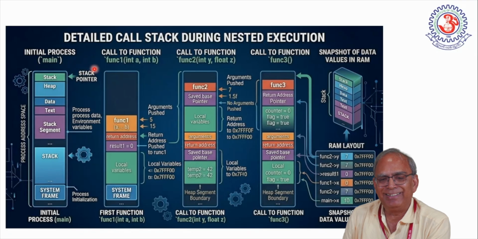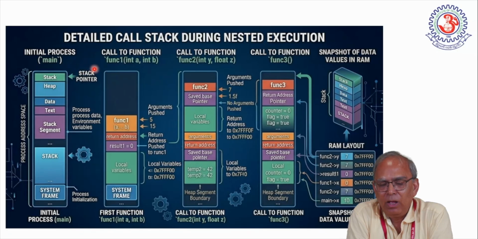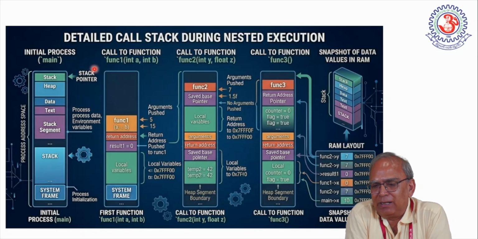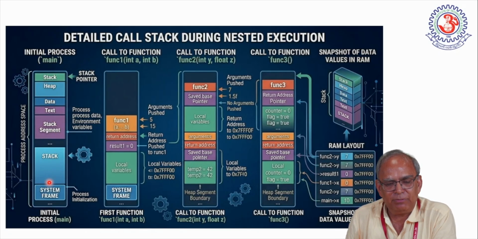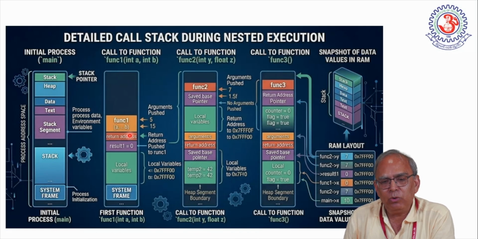This is some detailed execution. This is how the stack grows, as shown here. Your initial process is on the leftmost side. In the initial process, you have a stack, you have the heap, you have the data, and then you have the system frames. Now you keep on calling functions, so the stack keeps on growing.